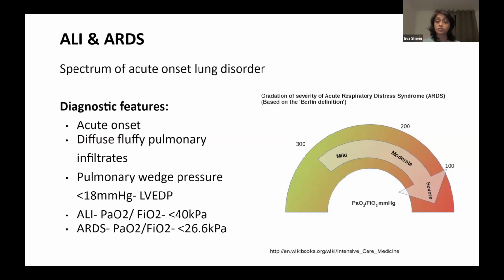I roughly estimate that it's just divided by 10. So less than 26 will be a mild form of the disease, anything less than 20 will be moderate, and anything less than 10 will be a severe form of ARDS. And yes, ARDS is very much underdiagnosed most of the time, but it carries a high mortality rate of almost 47%.